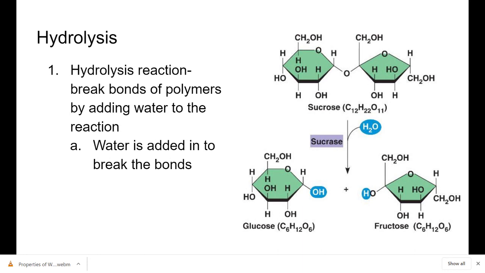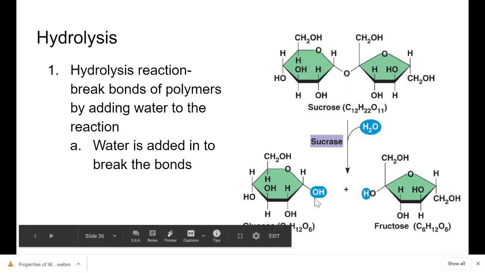I know that sounds very simple, but if I add a water into a substance, okay, so right here I have this thing called sucrose, which is a sugar, which we call a disaccharide because there's two sugars together. But if I add a water into it, I can break this bond right here, and that will break it into two single sugars, a glucose and a fructose.